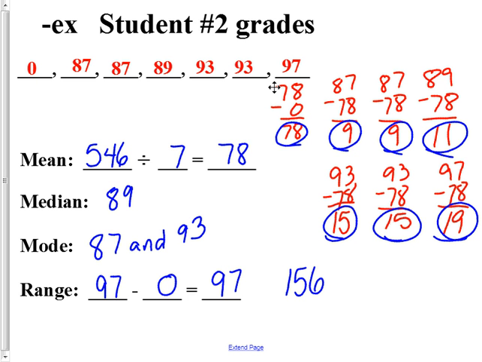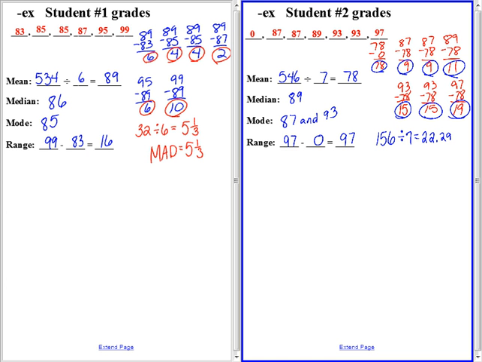Now when I find the mean of those distances, 156 divided by 7 is approximately 22 and 29 hundredths points. What that means is each piece of data is approximately 22 points away from the mean. And the reason that's important is because that shows that there's a lot more variability in student number 2's grades.